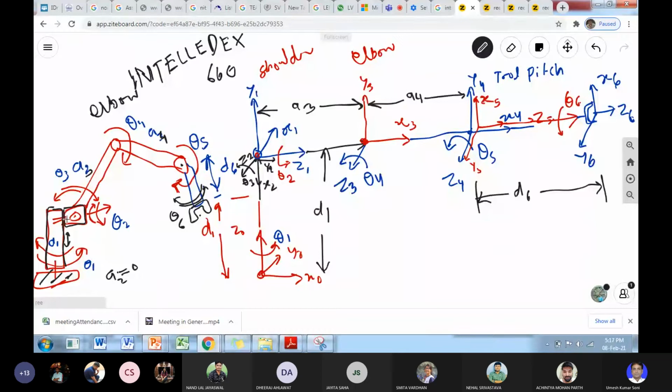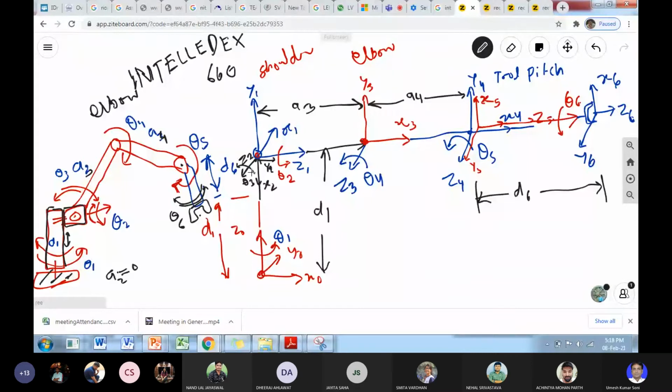After this, at the same position, another coordinate frame is there, that is x2, in the direction opposite to the direction of z0, downwards. X2 is downwards, y2 is along the z1, and z2 is 90 degrees with the y1 axis.